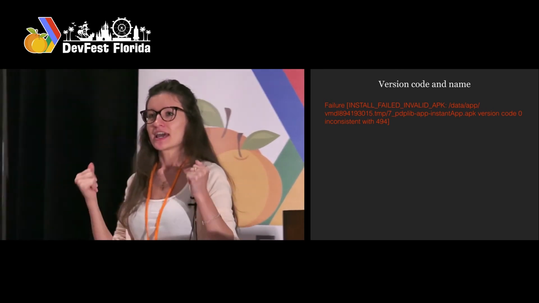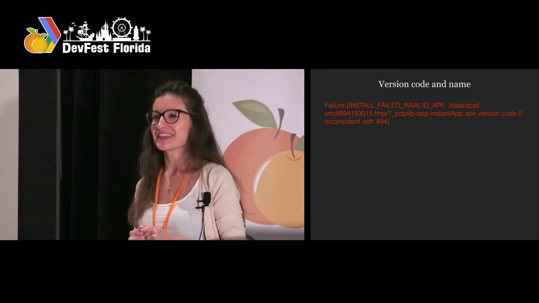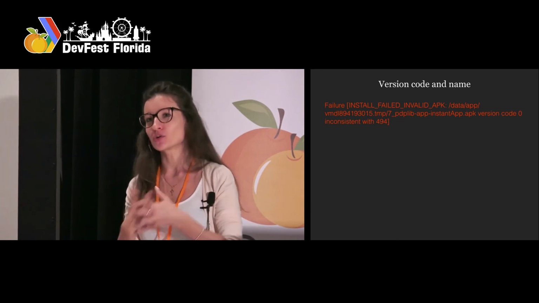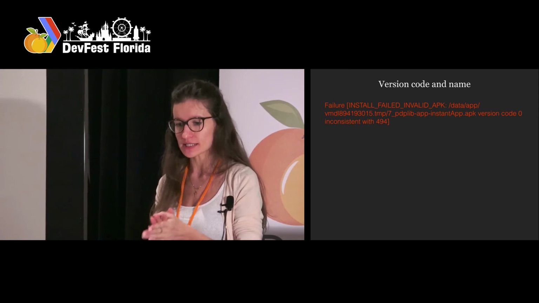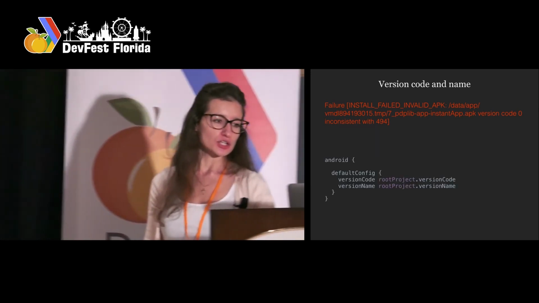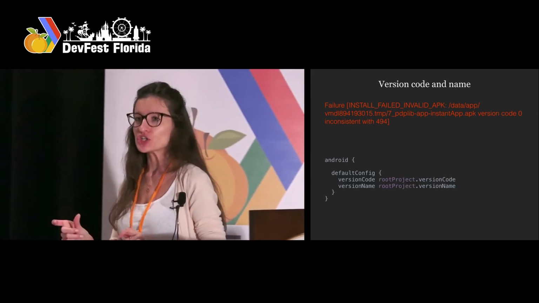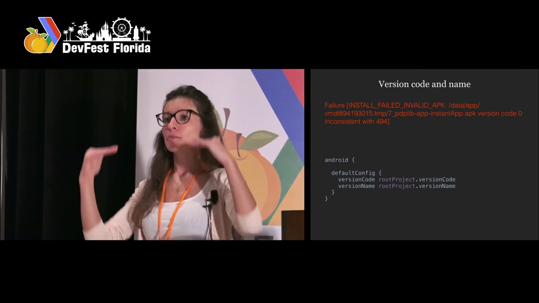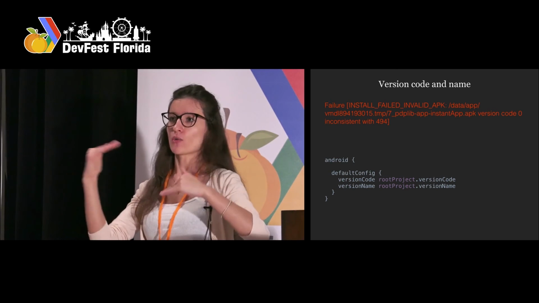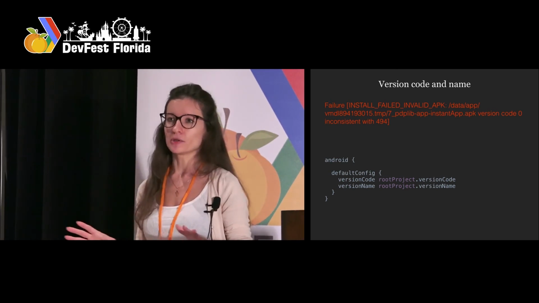But unfortunately, it doesn't work like this at this moment. This is a bug on Google's side, and they're aware of this. At least they promised to fix it. But currently, in order not to run into this issue, you have to set a version code and version name manually, not only in the base module, but in the feature modules as well. Once you set it manually, you will be good to go.